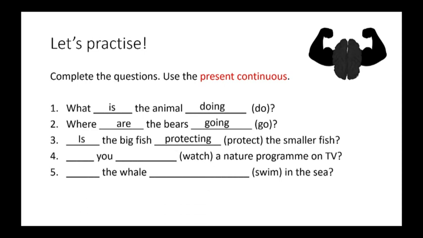Is the big fish protecting the smaller fish? Number 4, you. You are, right? Are you watching a nature program on TV? And the last one, the whale. It, right? Is the whale swimming in the sea?